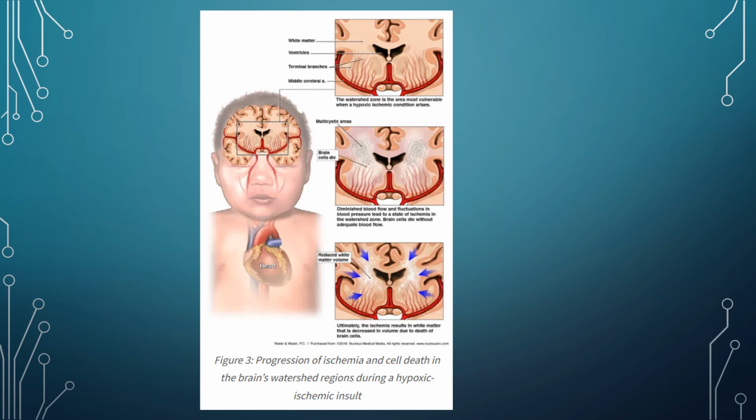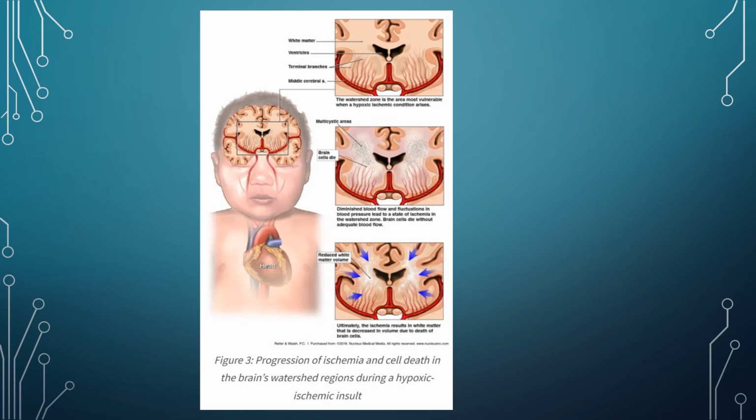Here we have hypoxia that gets to these teeny tiny vessels, the terminal branches, and then you have subsequent cell death in that watershed area, which happens to be those white matter cortical tracts.